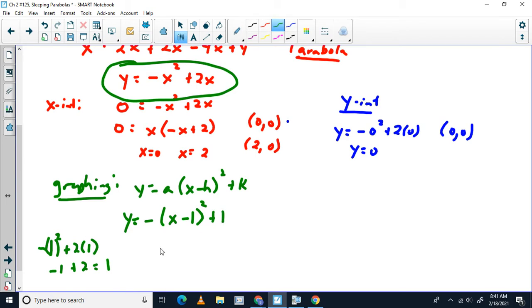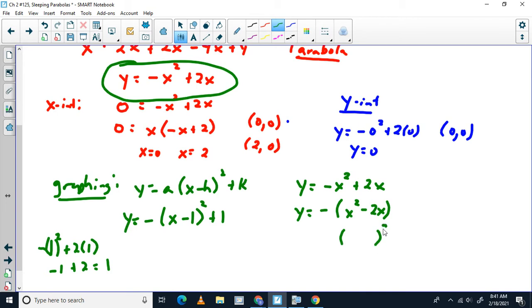So I could have used the averaging the x-intercepts method. I also could have tried to complete the square. Now, if I were going to complete the square, I'd really probably want to pull that negative out. So if I did that, I'd be left with this.